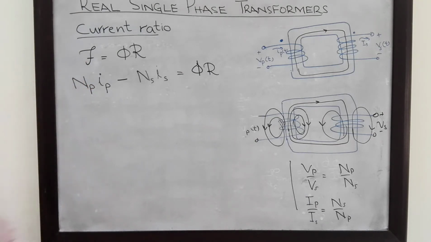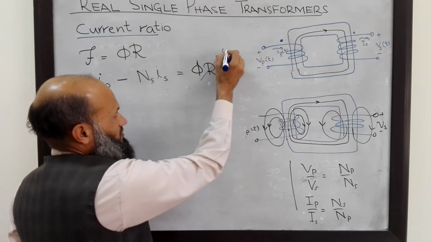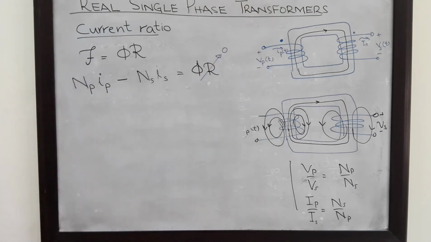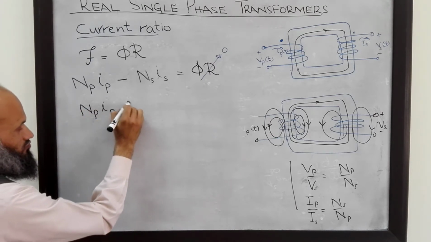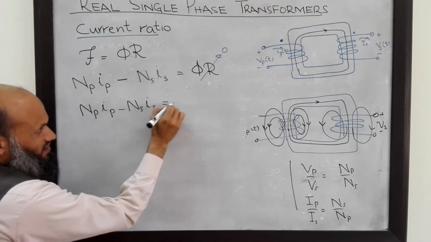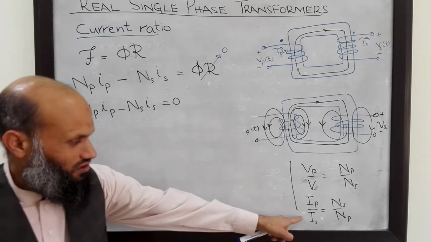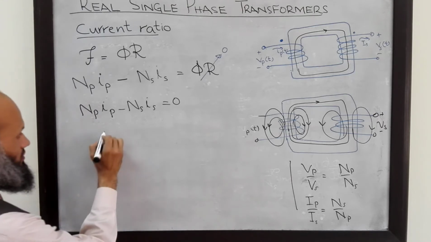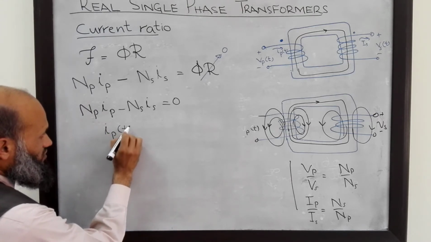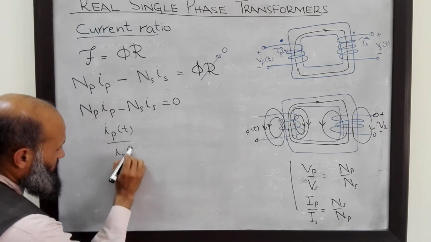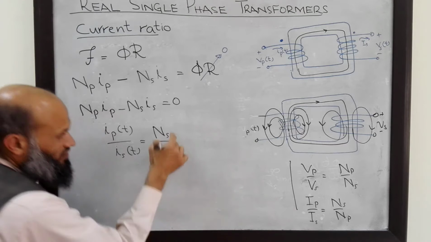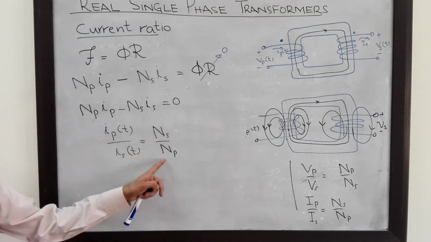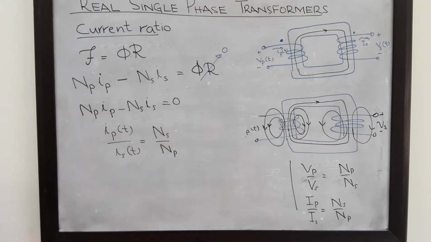So what is the reluctance of an ideal transformer? The reluctance of an ideal transformer is 0, which means that Np Ip minus Ns Is equals 0, which gives you this relation: Ip(t) over Is(t) equals Ns divided by Np, the number of turns on the secondary coil divided by the number of turns on the primary coil.